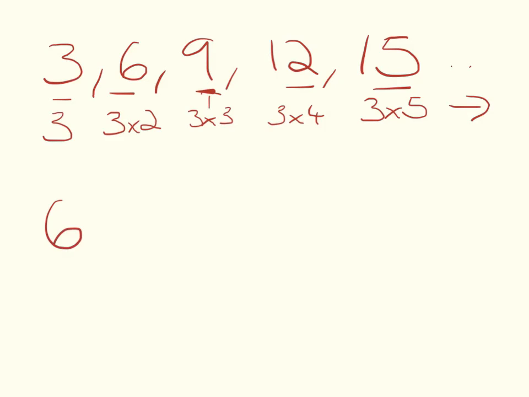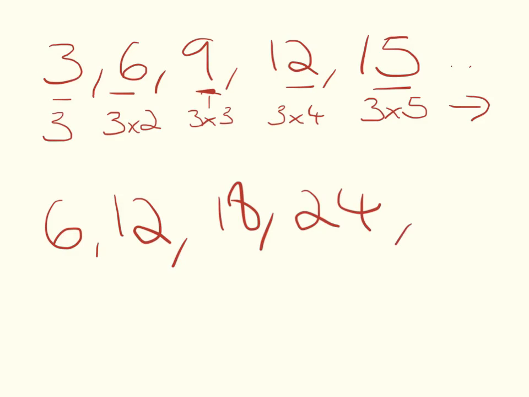We can go 6, 12, 18, 24, 30. You can see 6 times 2 is 12, a multiple of 6.